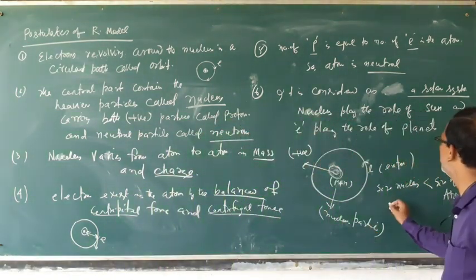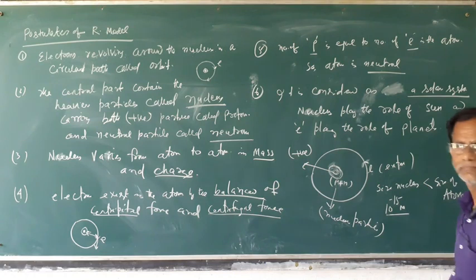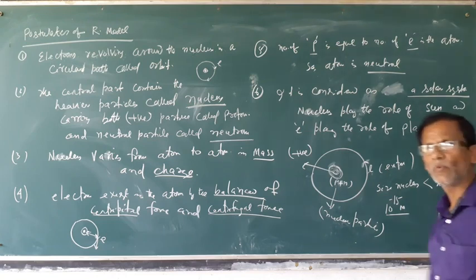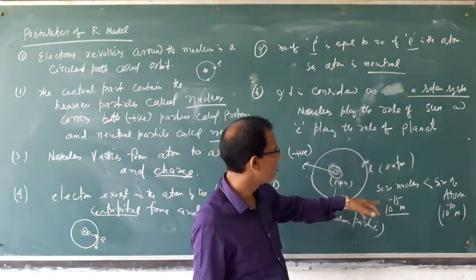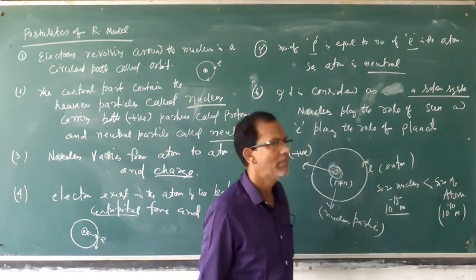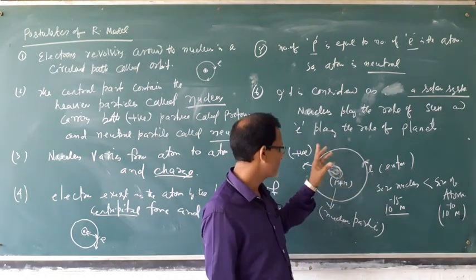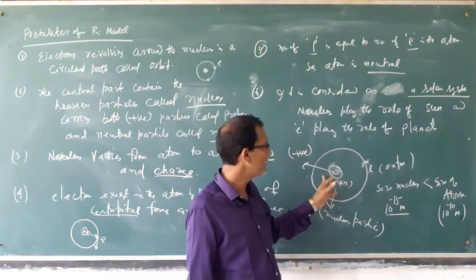It is calculated as 10 to the power minus 15 meter. Atom size is 10 to the power minus 10 meter. Approximate size. So the nucleus is smaller than the atom.